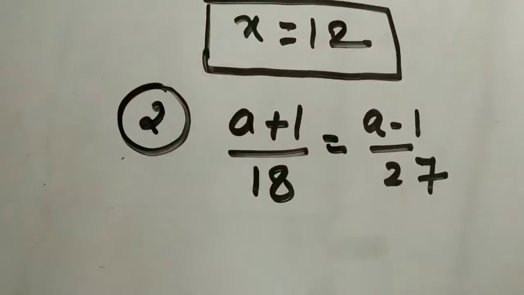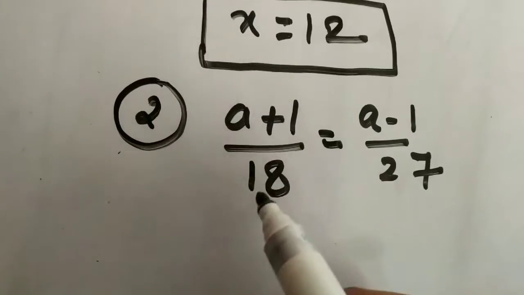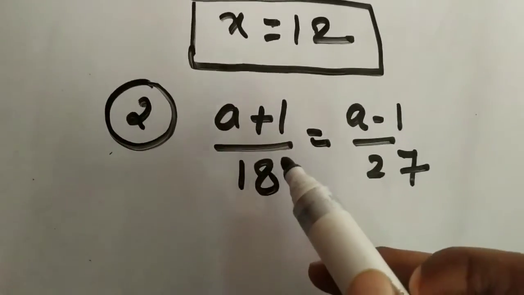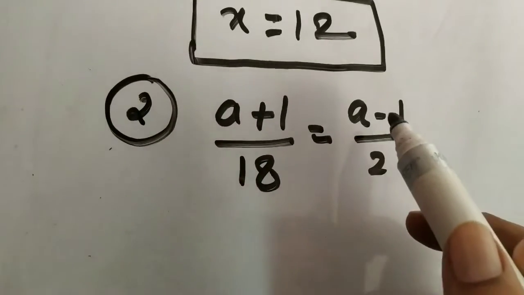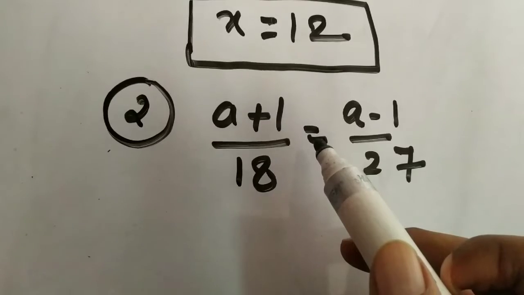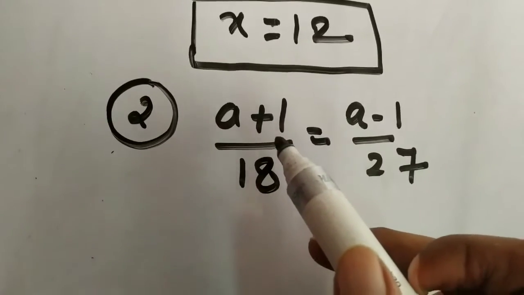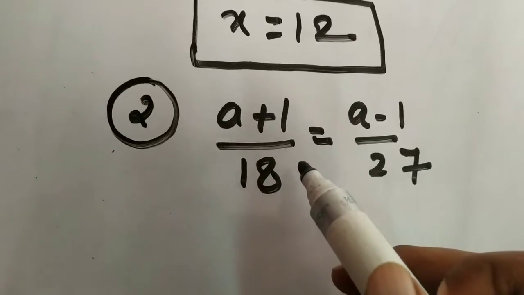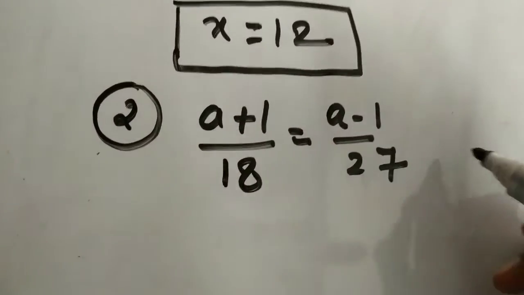So what I will do, I will just cross multiply both the numerator and denominator. Remember one thing, if you have numerator and denominator on both sides of the equation, that means the equal sign, the first approach you will take is to just cross multiply both the terms. So I will cross multiply it.